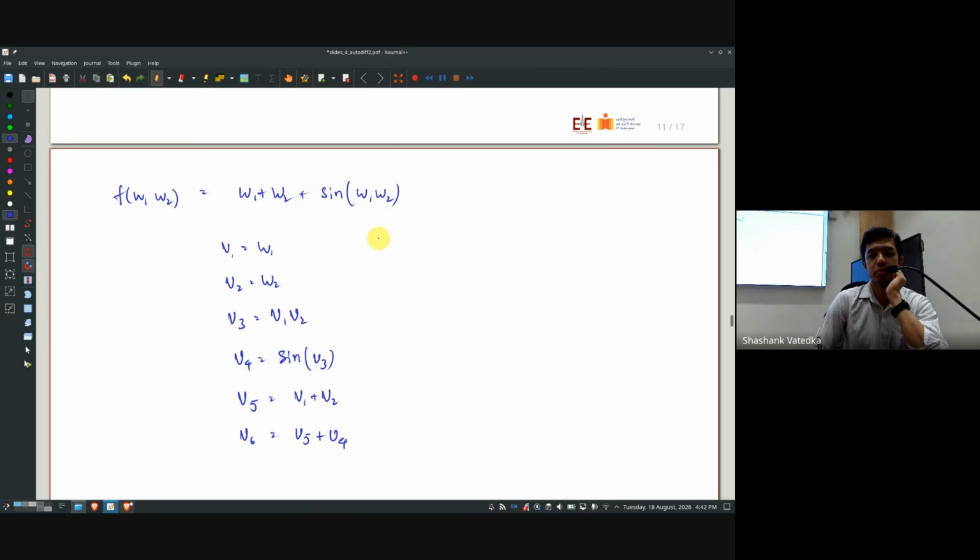So the graph would look something like this. So I have W1, I have W2. There are two variables, and I have V1, V2, and V3 is V1 times V2.